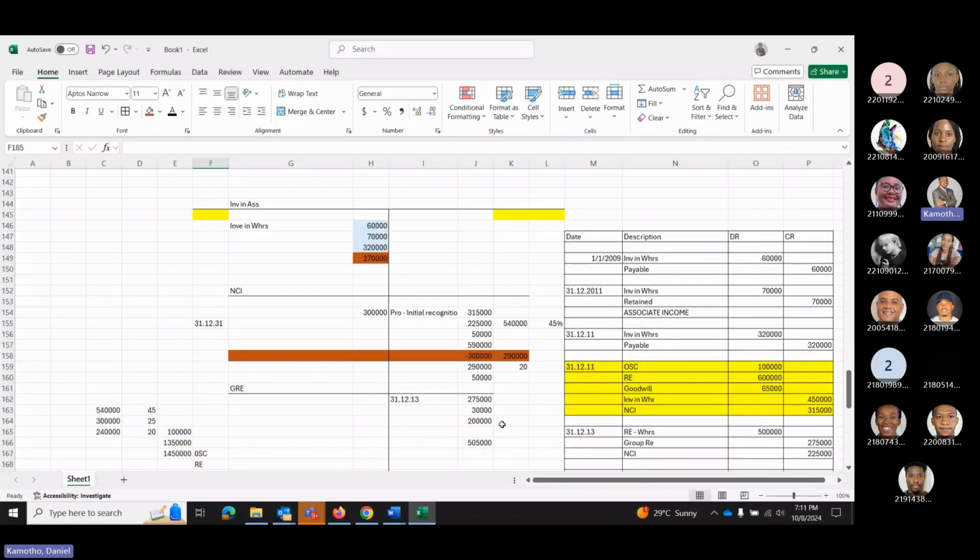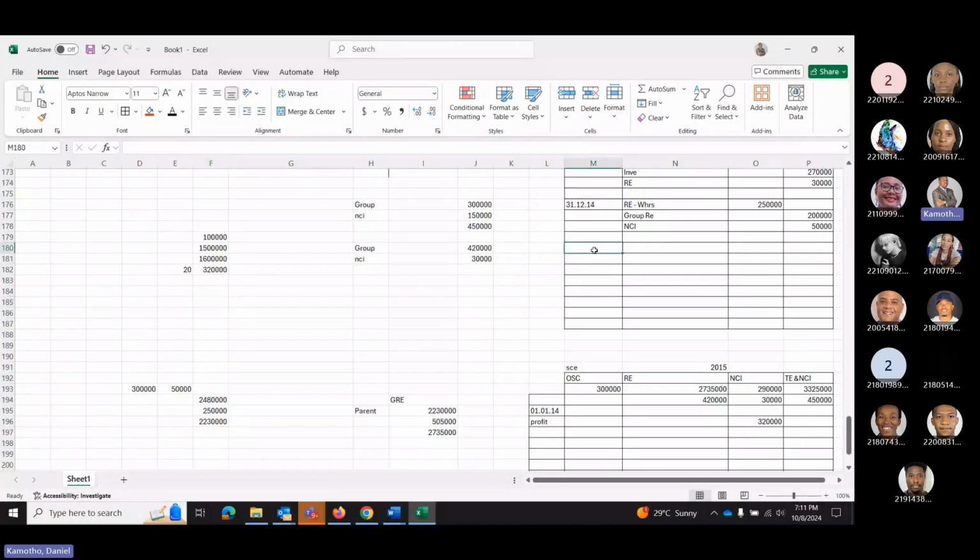On 31st of December, 2015, they are going to receive cash, or let's say a receivable, and reduce the investment in associate, because that's what they are selling. They are selling 250,000 and receiving 250,000. That's the journal for the additional.